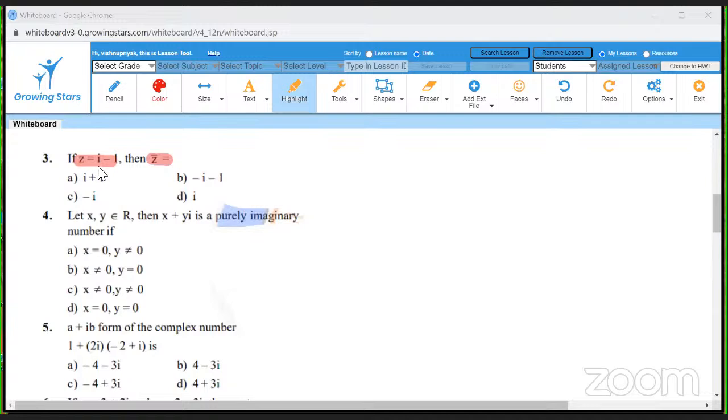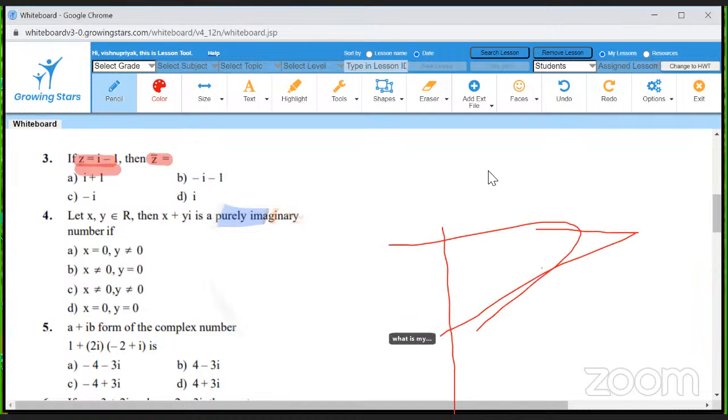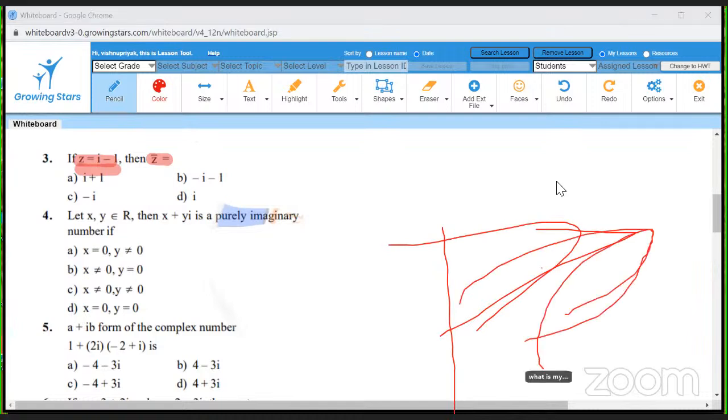If Z is given as i minus 1, what will be Z bar, the conjugate? Gausia is not able to see the screen. Now, Gausia, can you see? Yes, okay. Tell me the answer for question number 3. What will it be?